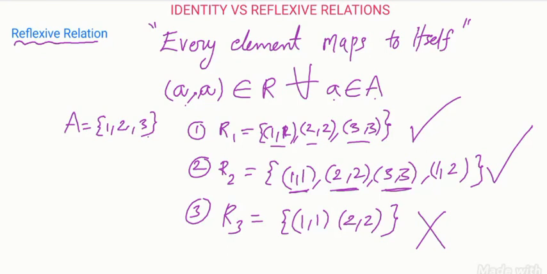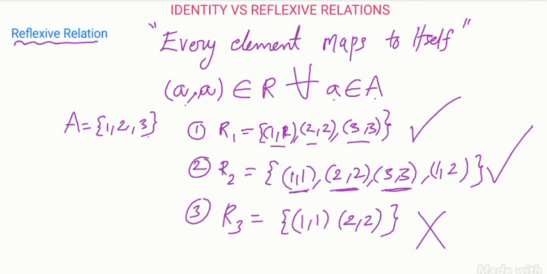If not there, it is not reflexive. It may contain extra elements also. But coming to identity relation, it must and should contain (1,1), (2,2), (3,3) and there are no extra elements. So please understand the difference.